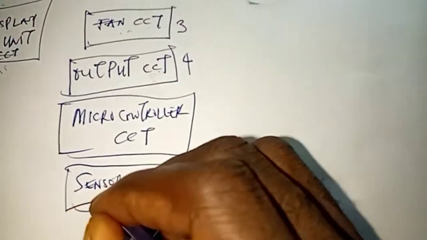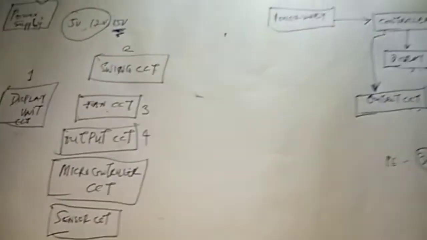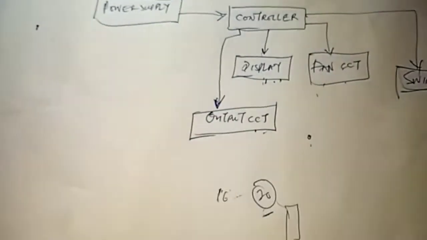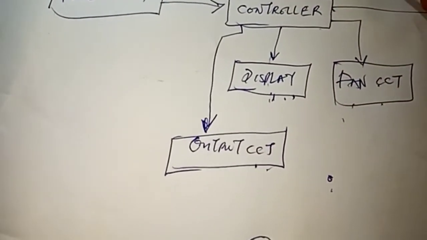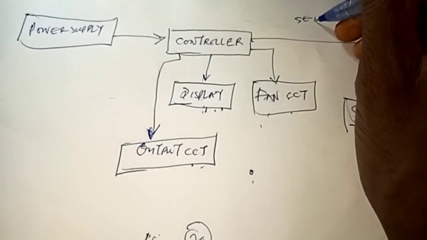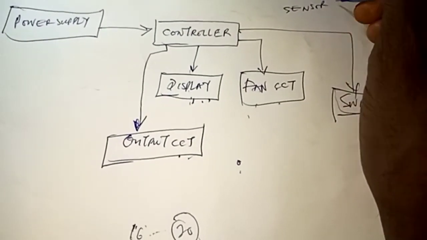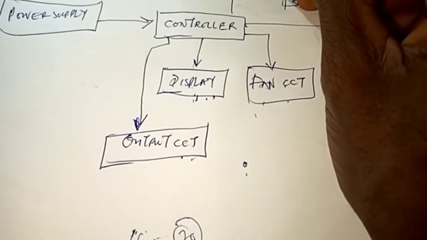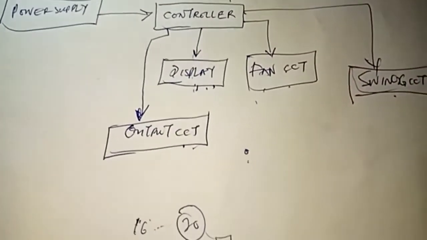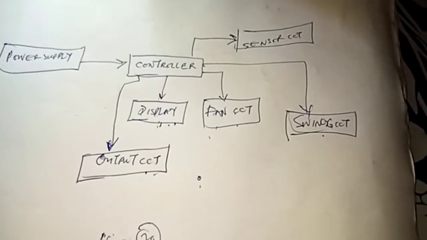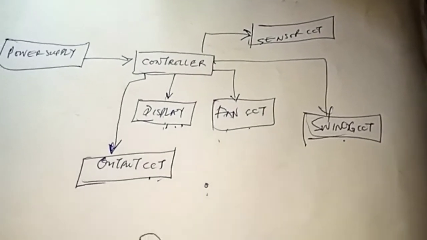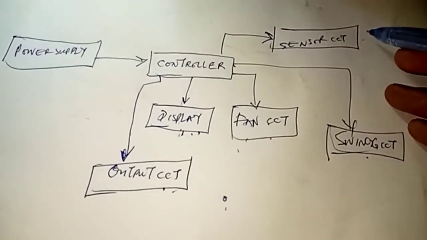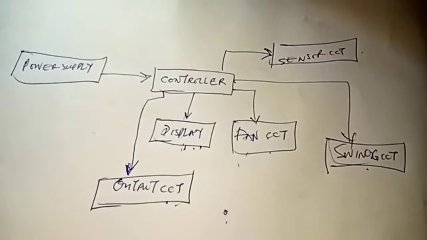You need something that will tell the ambient temperature, the surrounding temperature. So let me add sensor here. Sensor circuit. This will tell you if the house is cooling. Some can program it that if it stays for 5 minutes and does not receive cooling, it should shut down the system.